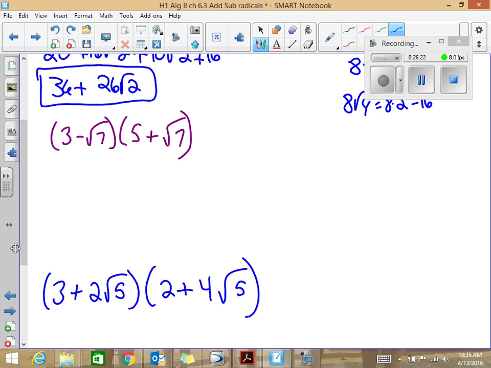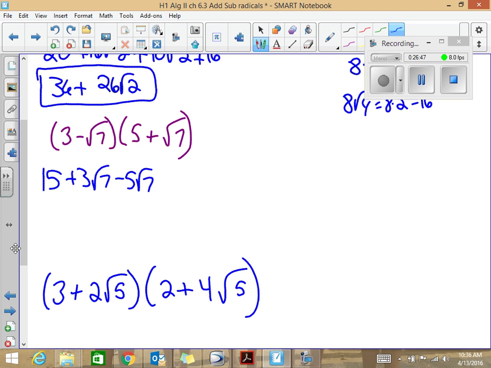They're easier when you don't have the combos, I guess you might call them. So if we try this one, 3 times 5 is 15, right? Outer, 3 times radical 7 is just 3 radical 7. Inner, negative 5 radical 7.